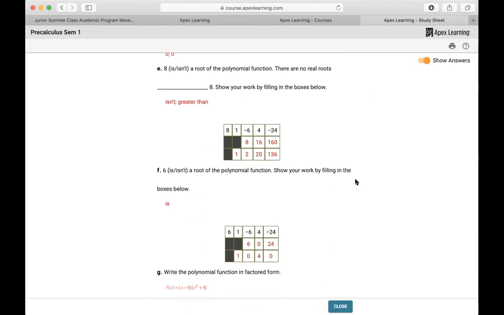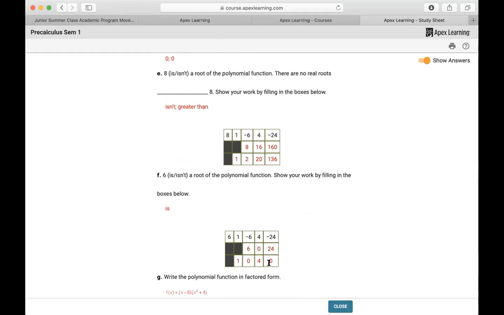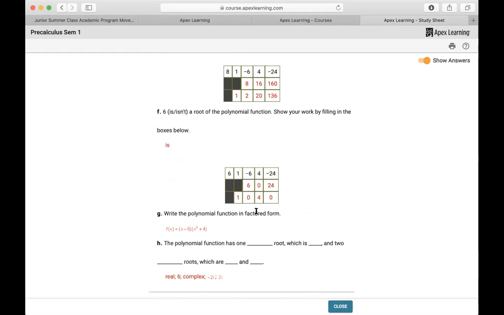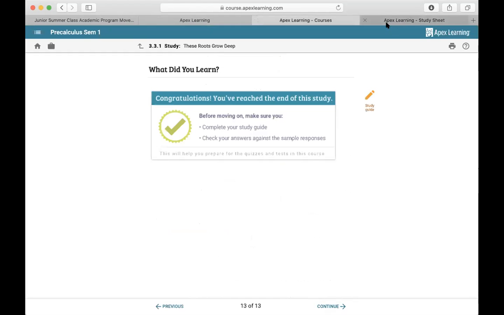Worst case scenario, you can just plug in values. Once you've eliminated positives and negatives, you can plug in values until you get something with a remainder of 0, meaning that it is a root. And then once you get a root, you can write the polynomial in your factored form, and then you can solve for the remaining roots there.